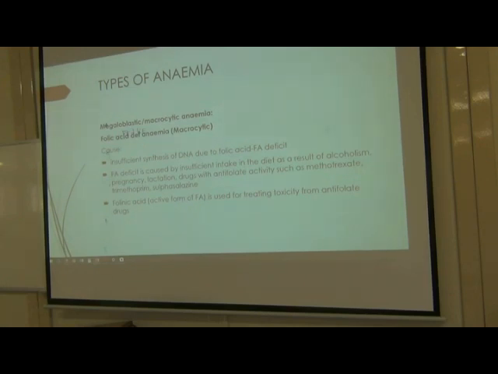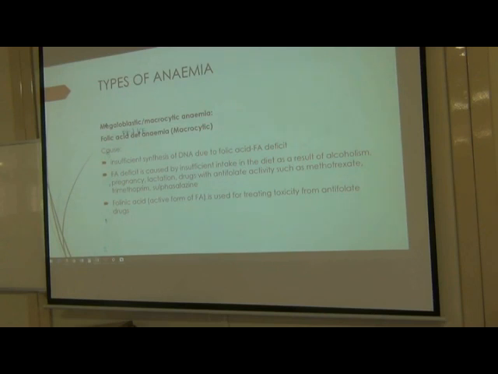So how does a folic acid deficiency anemia occur? Definitely because of a deficiency in folic acid. And what causes deficiency in folic acid? Insufficient consumption or absorption of folic acid.